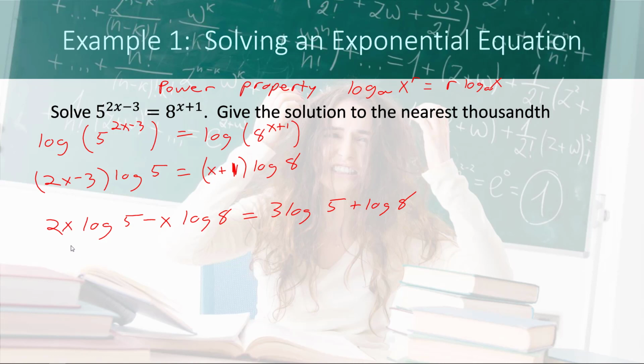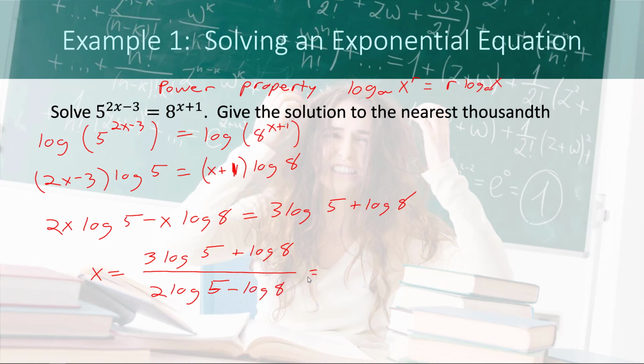Okay, and then finishing the simplification, we can factor out the x and divide, so we will have that x is equal to 3 log of 5, this is the common log, log base 10, plus the log of 8, divided by 2 log 5 minus, there we go, minus log 8.